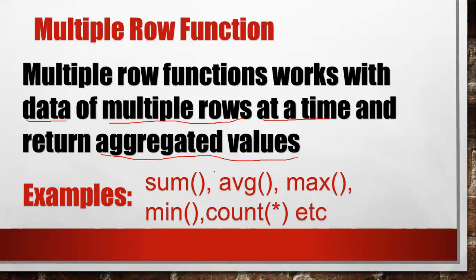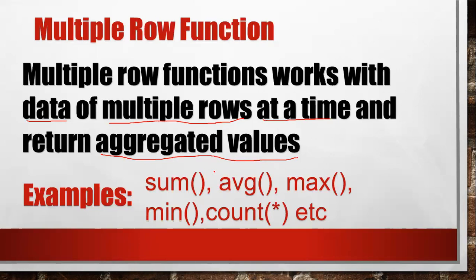So these 5 are basically multiple row functions, or we can say that aggregate functions are the multiple row functions. So I think you are clear that the multiple row functions basically work on the groups, because the groups contain multiple records.